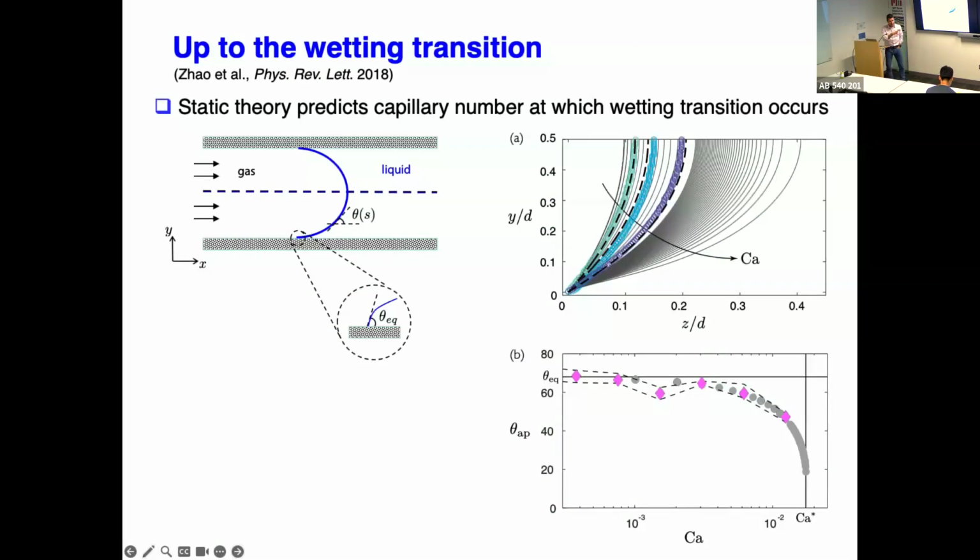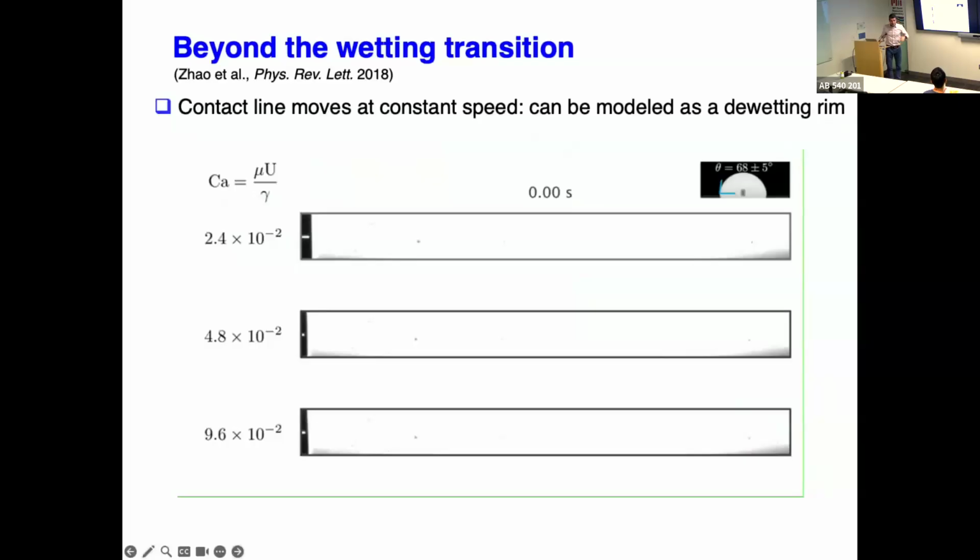Now, you can develop a relatively simple hydrodynamic model of the shape of the interface, and that agrees very nicely with what is observed experimentally in terms of when the wetting transition occurs, when you go from a meniscus that advances to leaving these so-called Bretherton films, as a function of wettability. But we're interested in what happens beyond that wetting transition.